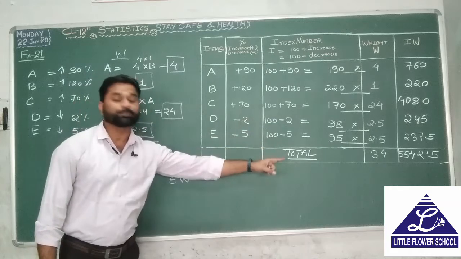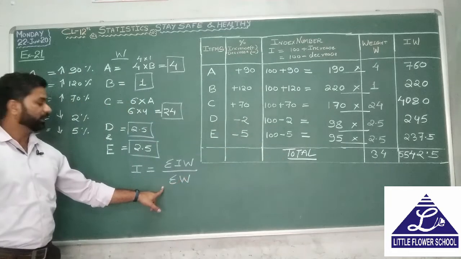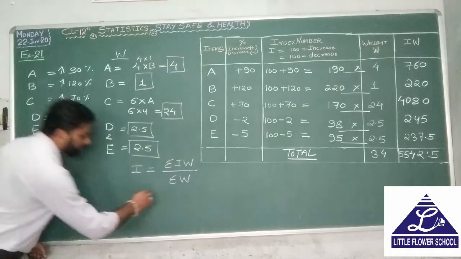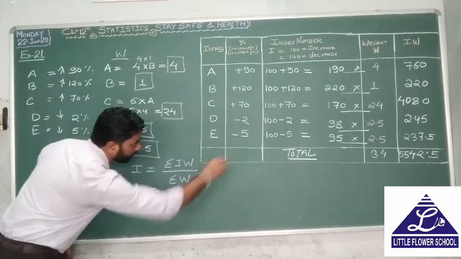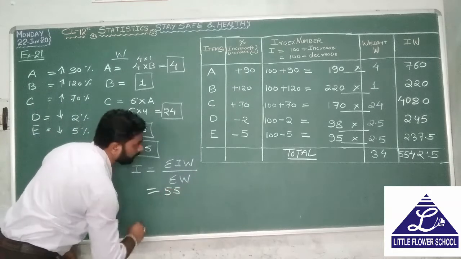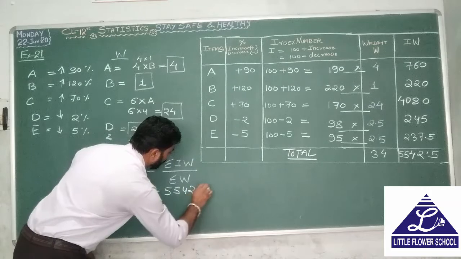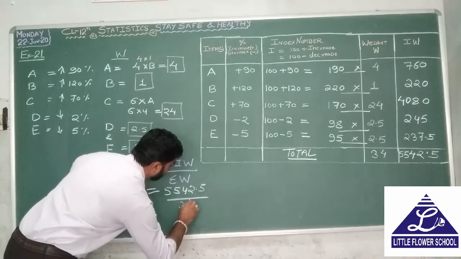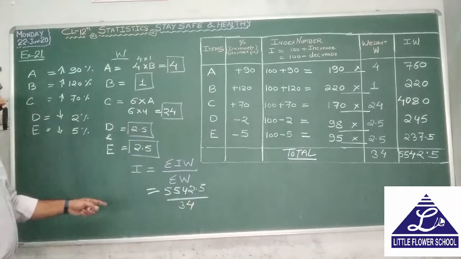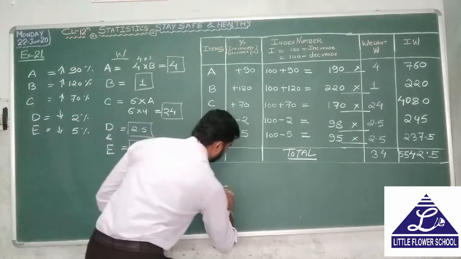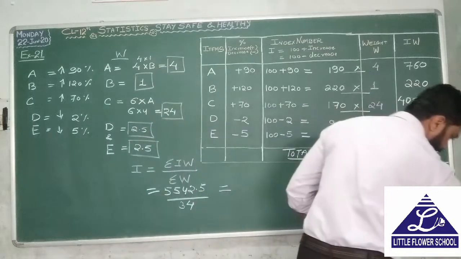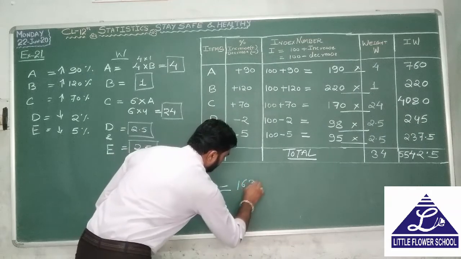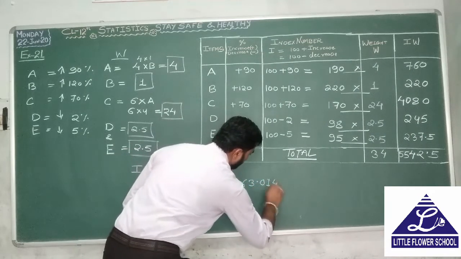Now we are going to put the same values in the formula, sigma IW upon sigma W. It will be 5542.5 divided by sigma W, that is 34. If we divide it, we get the answer 163.014.